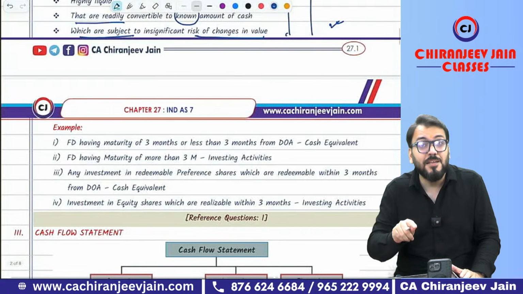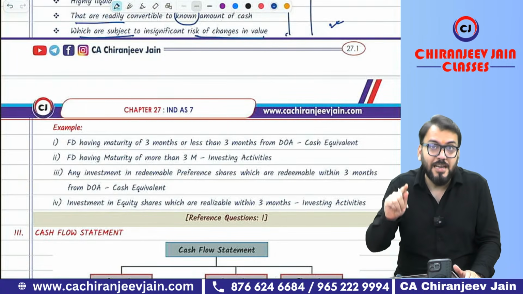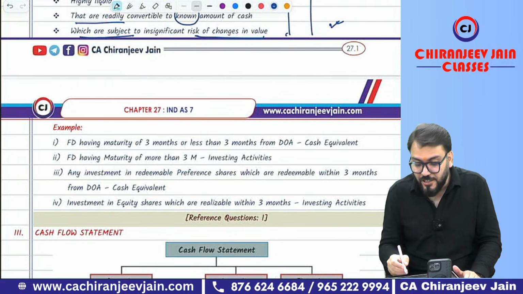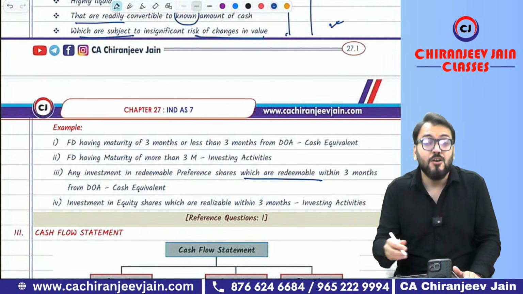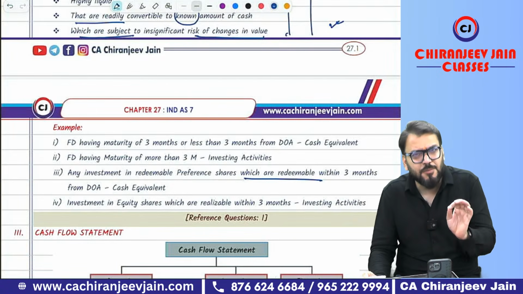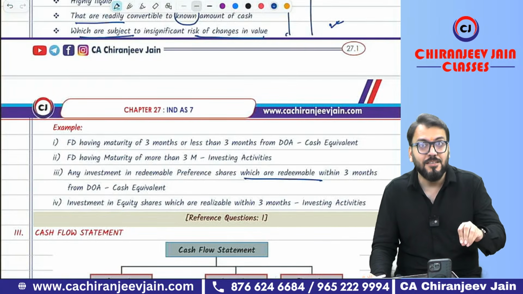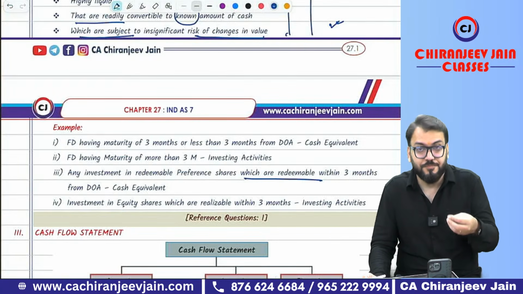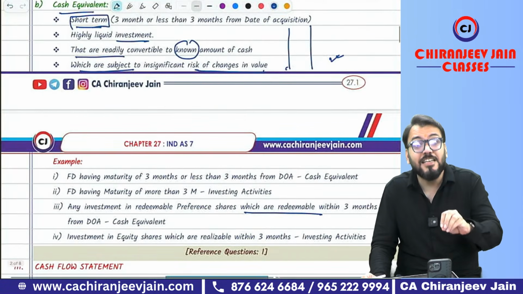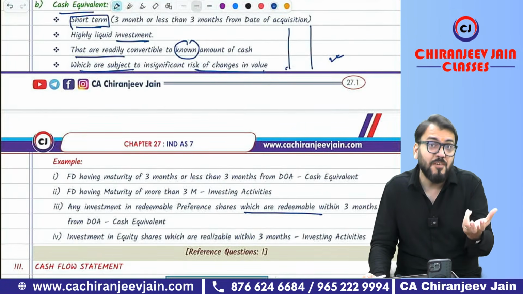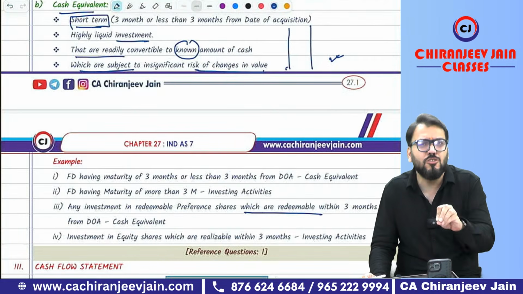Similarly, any investment in redeemable preference shares which are redeemable within 3 months from the date of acquisition, can I say it will also meet the definition of cash equivalent? Because it is short term, highly liquid, readily convertible into a known amount because the redemption value will be known, and not subject to high risk.